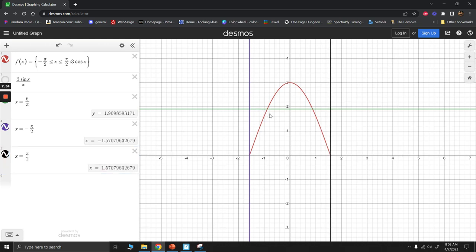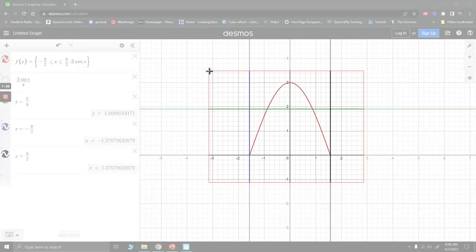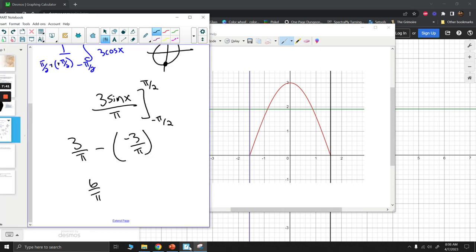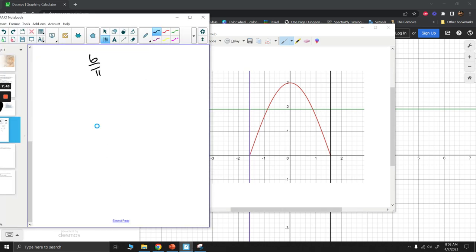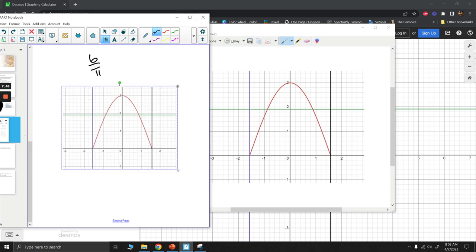Basically, what we did was we created a rectangle of this size. So let's go ahead and plug this in over here, paste it in so that I can draw on it. But basically, what I'm saying is that we can find this area here, and if we find this area, it will be the same area as that shape.